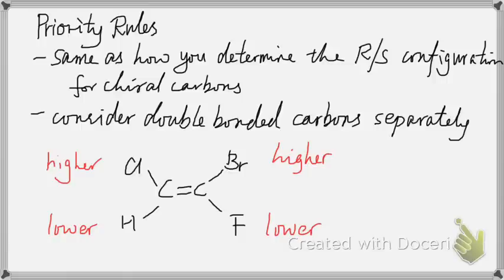So now we have these priorities. What I would like to do is draw an arrow going from higher to lower. Okay, so that's what I would do. Higher to lower, higher to lower. Then you have two arrows.